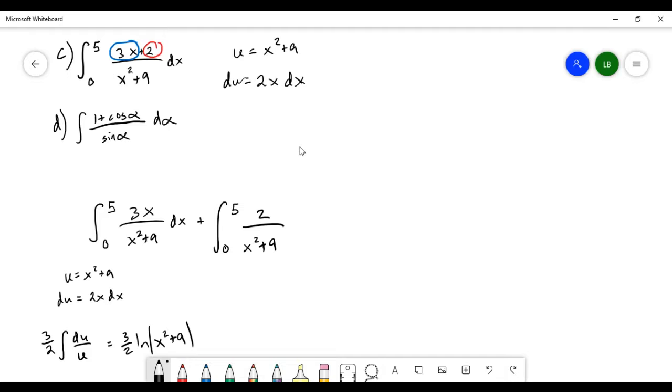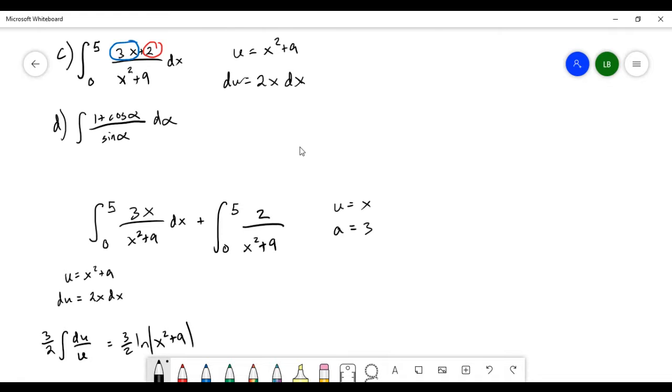If we wanted to take a look at the right-hand integral, well, let's see. In this case, we're going to want to use our arctangent. So u is equal to x, a is equal to the square root of 9, so 3.